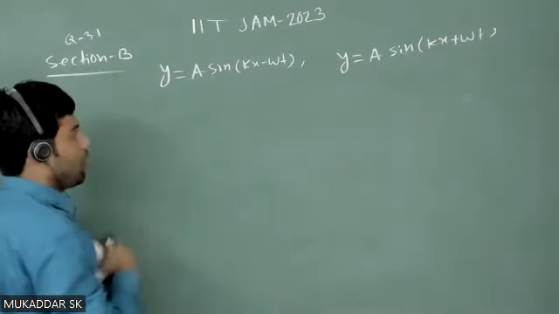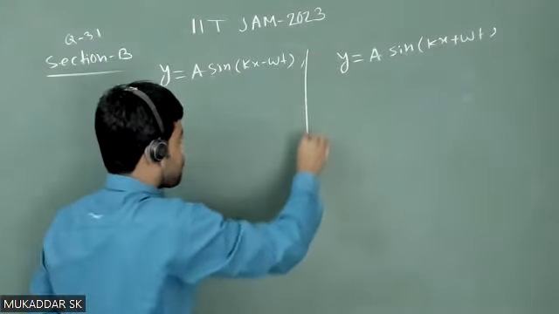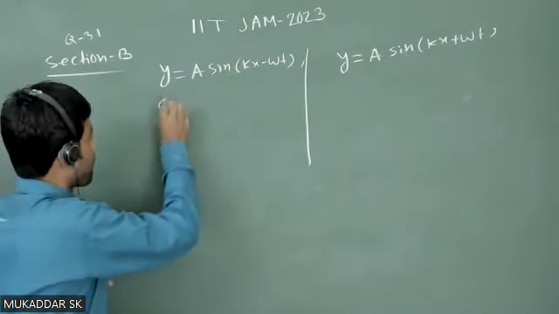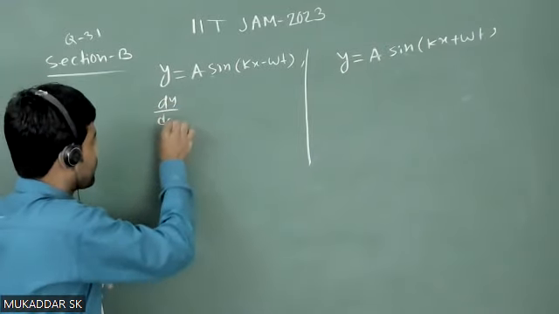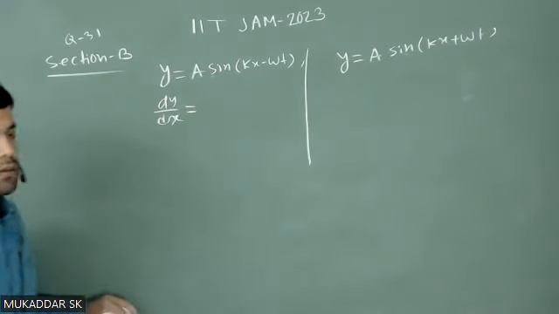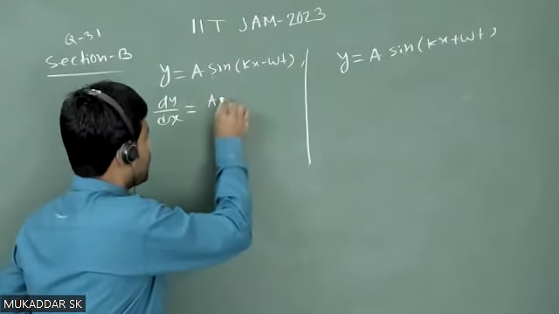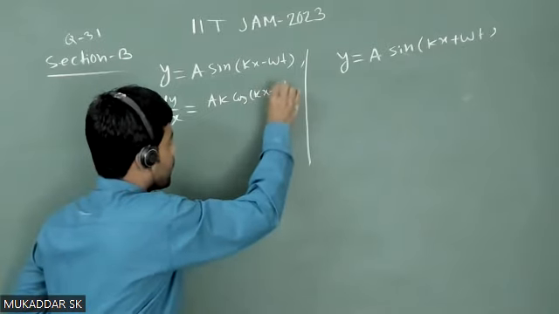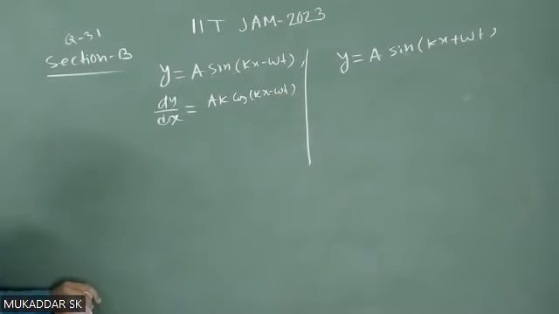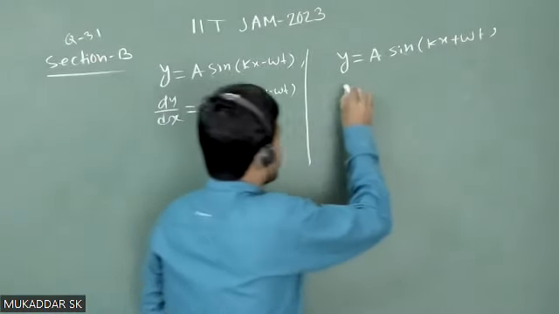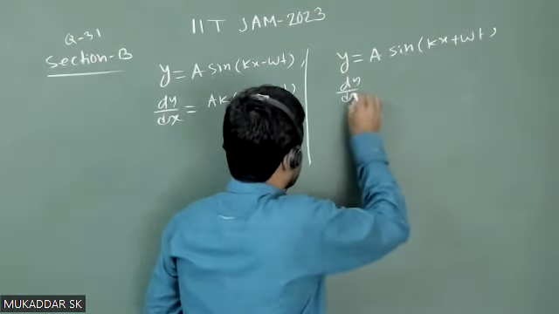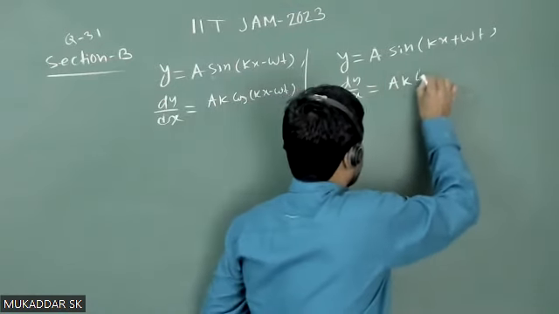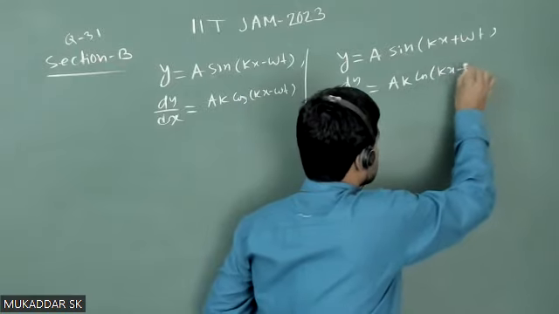Now what I'll do is differentiate this with respect to x. So dy by dx will provide a into k cosine of kx minus omega t. Here dy by dx, I'll get ak cosine of kx plus omega t.